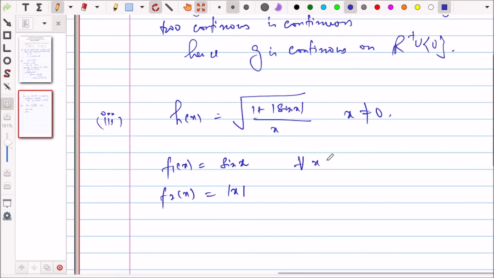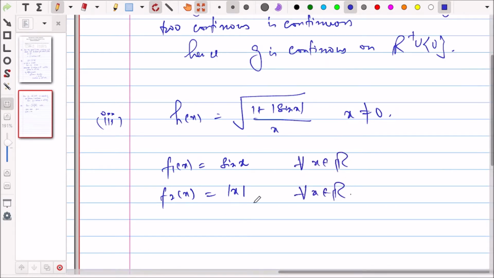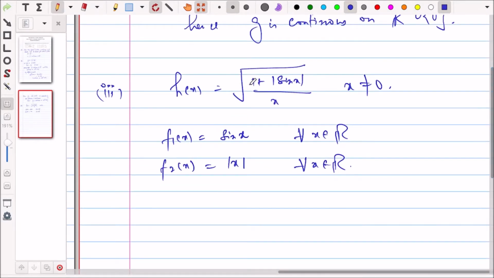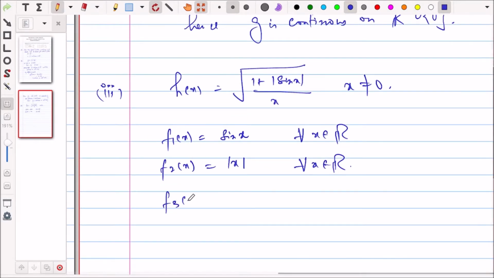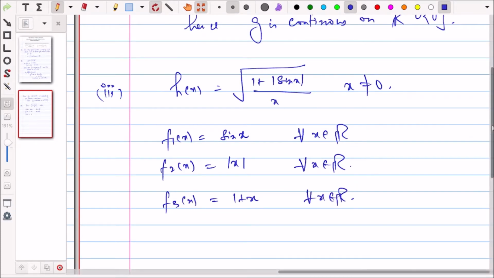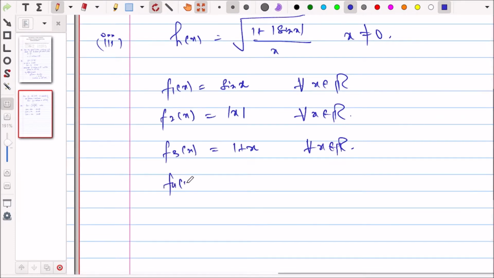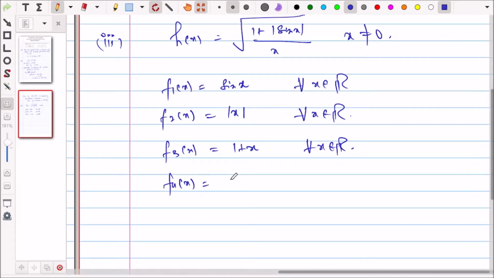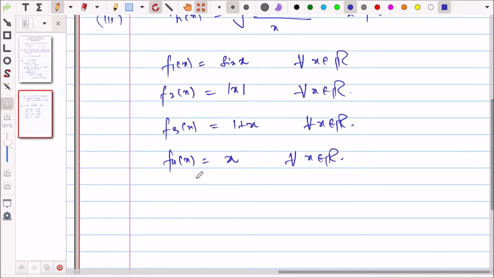This is defined for every x in R. Because 1 plus something is there, f3(x) is 1 plus x for every x in R, and then we have another function, f4(x) equal to x, also defined for every x in R, and they all are continuous for every x in R.